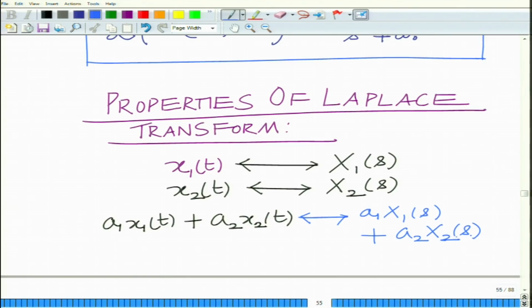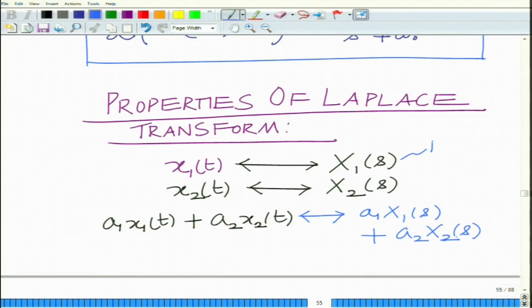But the only important point here is to look at the region of convergence, because remember we said the Laplace transform is incomplete without specifying the region of convergence. So the region of convergence of the first one is R1, the second one is R2, then the region of convergence of the linear combination will be the intersection, correct?